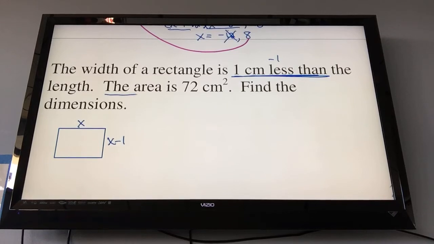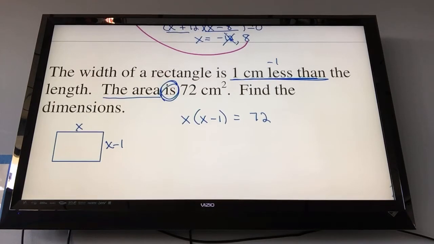The area, so length times width, equals 72. So we're going to solve, so we're going to distribute.